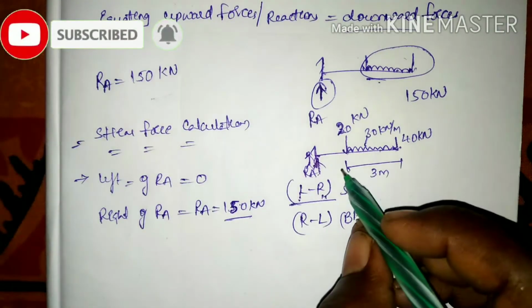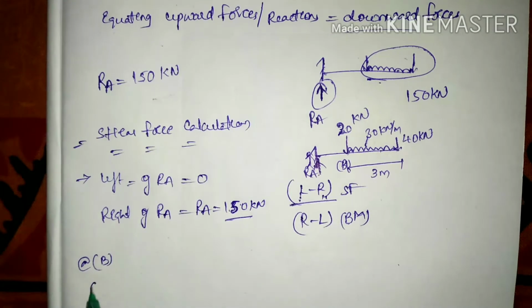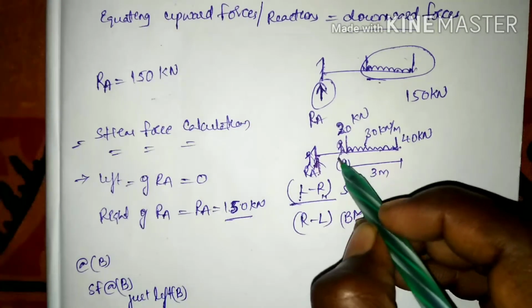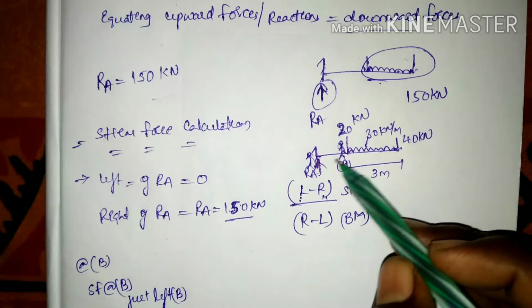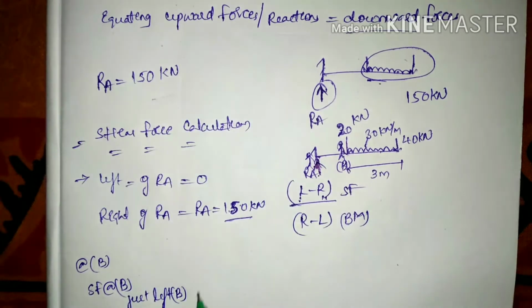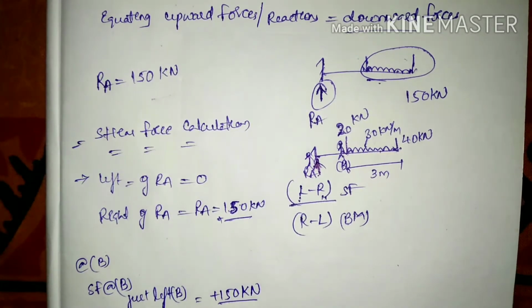And next, going on to B, shear force at B, just left to the B. Here, when I stand just left to the B, I am going to find only the RA reaction that is in the upward direction, so it is positive, continuing with 150 kilonewtons.